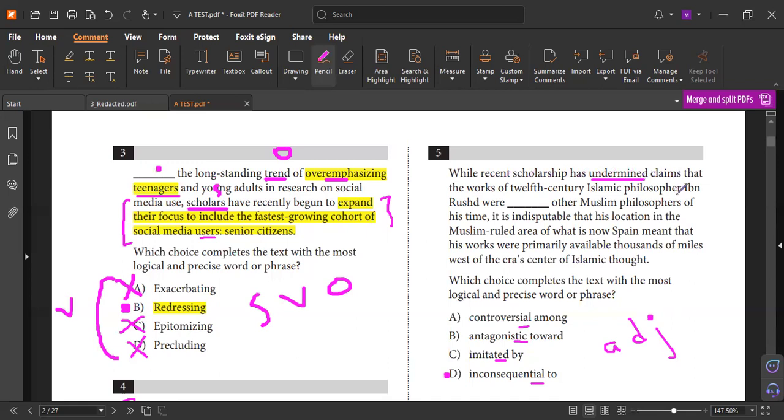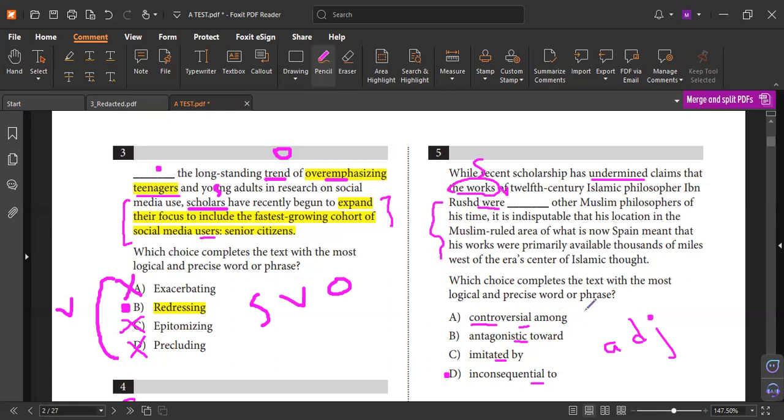Okay. Claimed that the works of the 12th century Islamic philosopher were what? So this is a subject, this is a verb, this is the adjective. We need an adjective to describe the works. Now your job is to find the information about the works. Are these works controversial? They argue about it, they disagree, because contra means they disagree, from the Latin root.